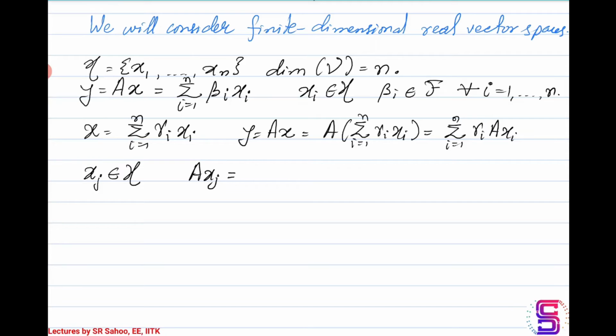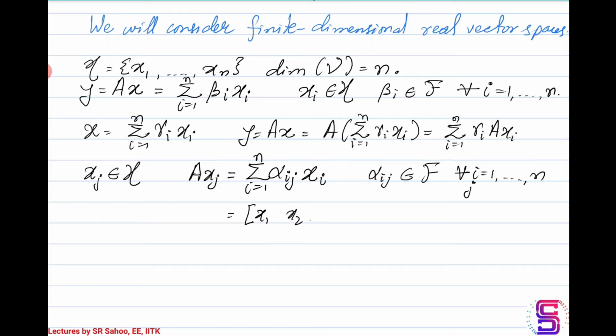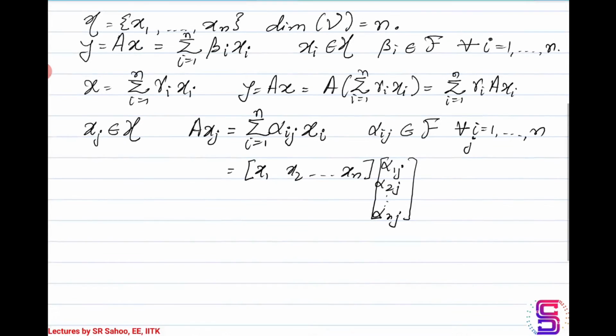I can express it as the sum over i equal to 1 to n of alpha ij xi, where alpha ij belongs to the field for all i equal to 1 to n and the j that you have considered. This can also be represented as the column alpha 1j, alpha 2j, similarly alpha nj. So this is how it is represented.